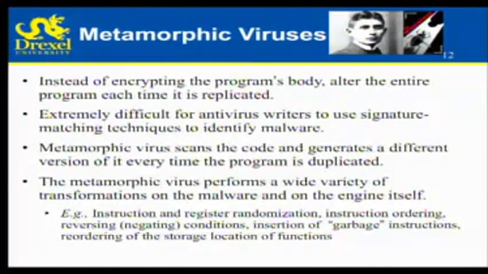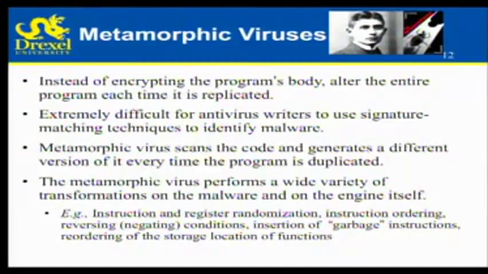So there's Kafka up there from Metamorphosis. And the metamorphic virus is even more surreptitious because every time it copies itself, it creates a copy that's a little bit different from its original. So it'll take the malware and reorder the location of the variables. It'll add some junk code that really doesn't do anything.